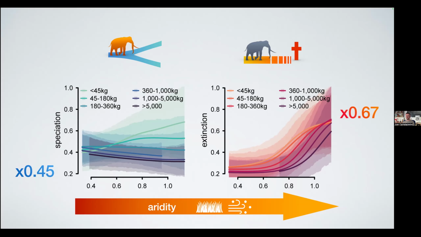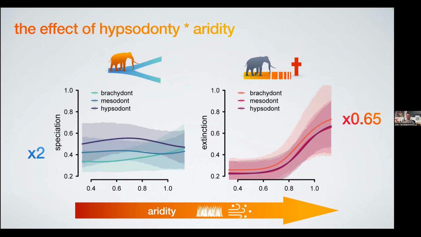So you can see that one of the interesting things is that the interaction between body size and aridity here is much more interesting because you have a greater diversity of trends compared to extinction. Extinction is pretty much the same for all the body sizes if you compare it to its effect on speciation. We can look at this hypsodont index, the type of molars that these herbivores have. So we see that again, extinction is kind of homogeneous. The trend is that everybody goes extinct faster when aridity is higher.